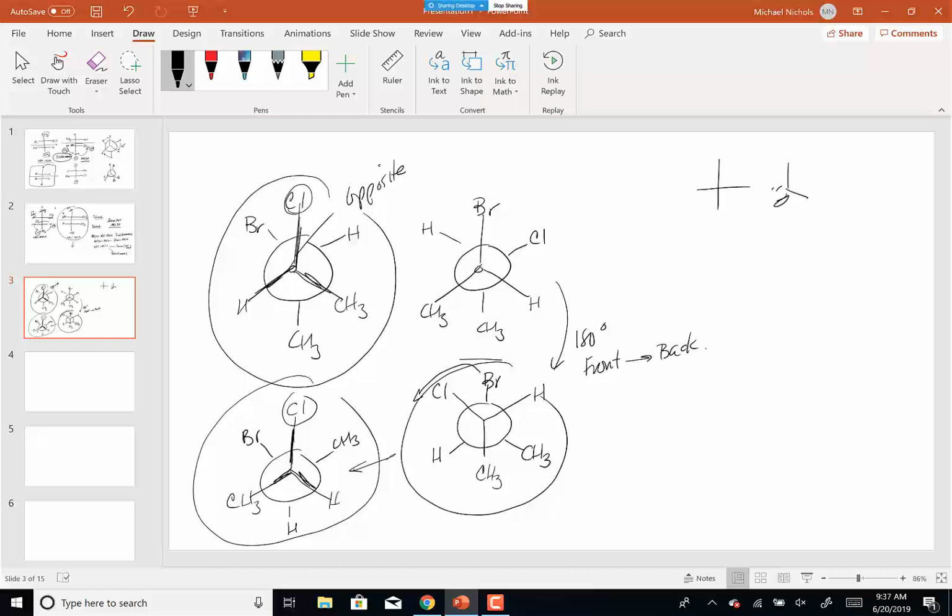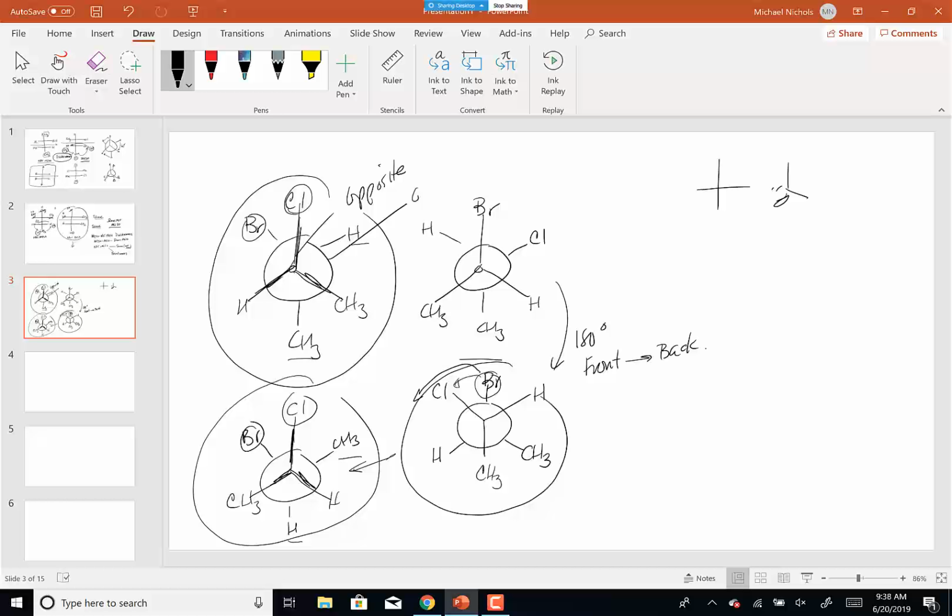And then what about the back carbon? Well, the reason I rotated the bromine over here was so that I could line up the bromine there. When I lined up the bromine there, what happened? Do the methyl and the hydrogen match up? No? So the bromine's lined up, but the methyl and hydrogen don't.